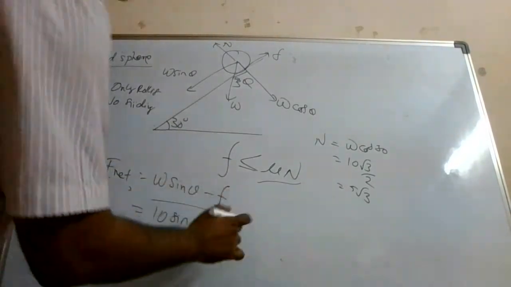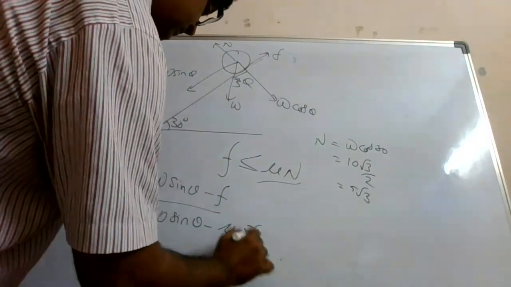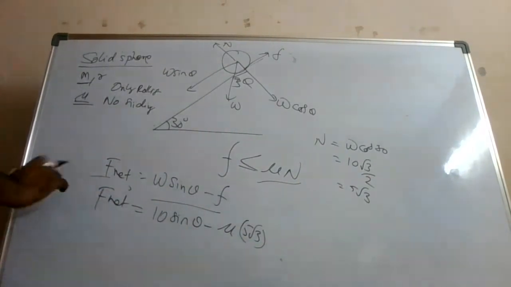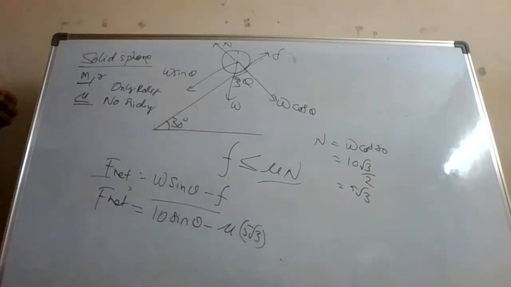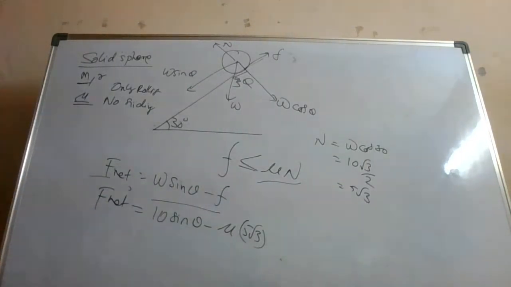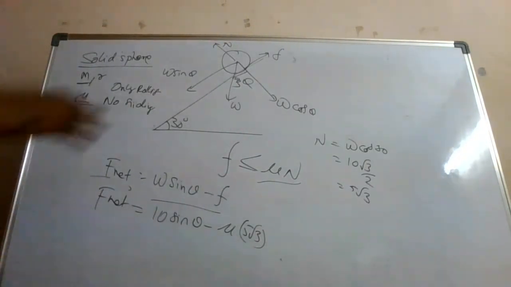Mu times 5 root 3. So this is your net force, which is nothing but mass into acceleration. Okay. So if you want to calculate the acceleration, I am just discussing the concept, I am just discussing the steps that are involved. This is not a specific numerical.